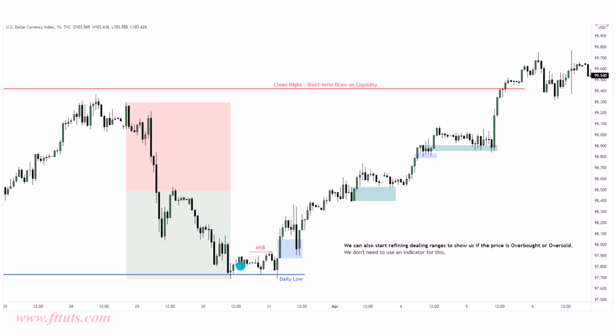So price is clearly oversold, and it's recently acted off a long-term perspective level. You could also use this low to this high to see when price is in a discount. That's where it became oversold as well. But the main focus is this entire range. The green shaded area is where price is really oversold.